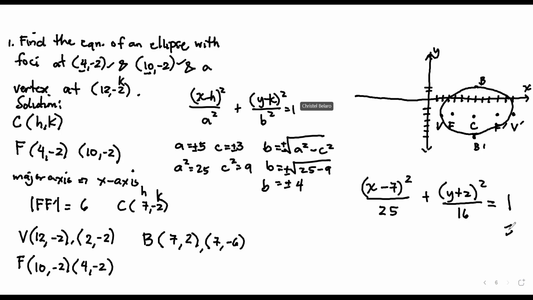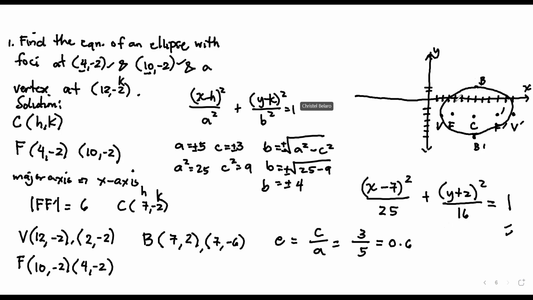Nabanggit ko kanina ang eccentricity. Eccentricity is the ratio of C and A. Ang C natin dito ay, what's the value of C? 3. So 3 over 5, which is 0.6.